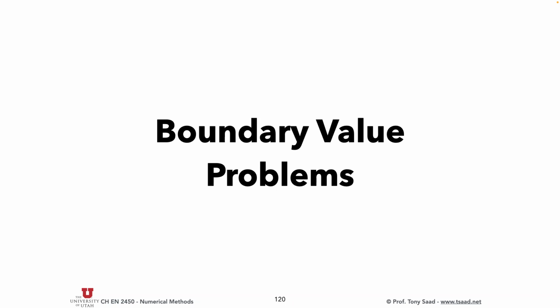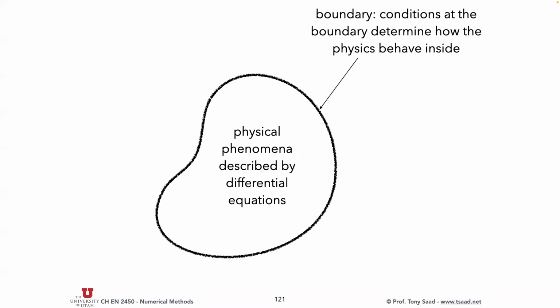So in those problems, you are typically given conditions along the boundary of where your problem exists. So for example, I want to understand the air moving in this room, right? So I have a boundary over there. That's the door open. There's some air coming in. I have the inlet vents of the AC.